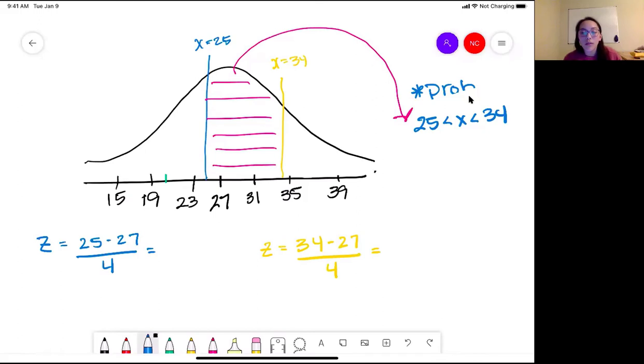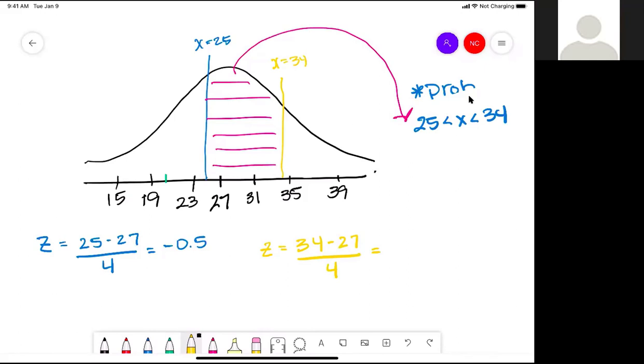Okay, so we'll archive those for a hot minute. But if we do 25 minus 27 divided by 4, I got negative 0.5. Okay, and then 34 minus 27. Oh shoot, hold on. 34. 1.75. That's what she got. 1.75.